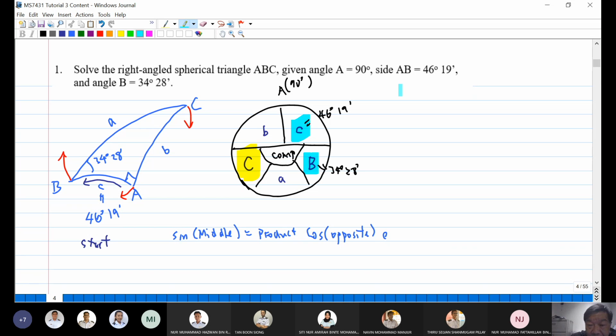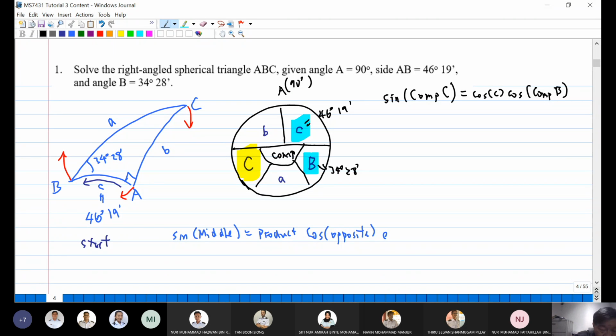But because the angle C is in the lower half of the view here, you get sine of co-C is equal to cosine of small c and then cosine of co-B now. Co-C and co-B because they are in the lower part of the view.